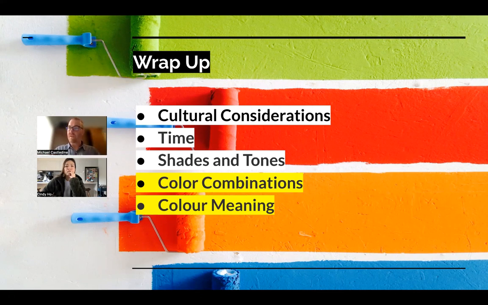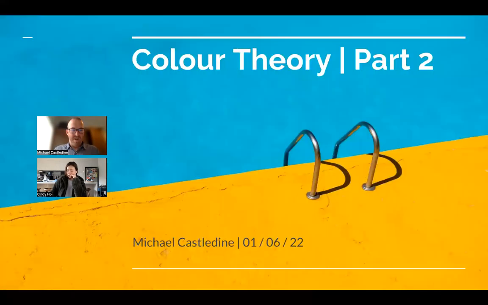And color combinations, the complementary, analogous, monochromatic, and triad colors to consider for brands and UI development. And color meaning, really important to associate the warms and cools and the colors associated with them. So that was a crash course in color meaning and color psychology.